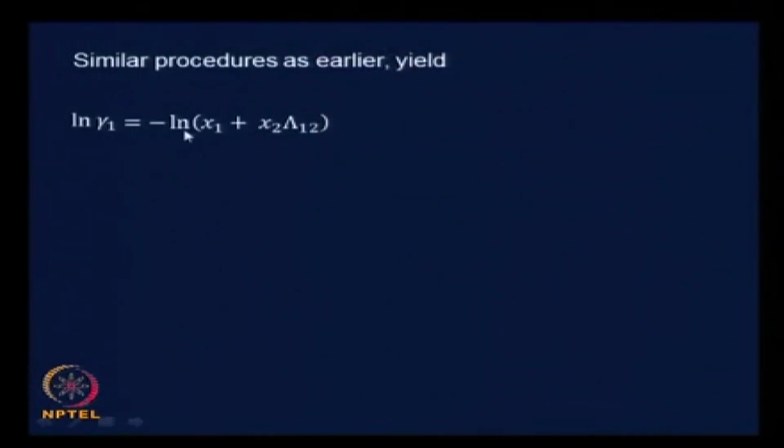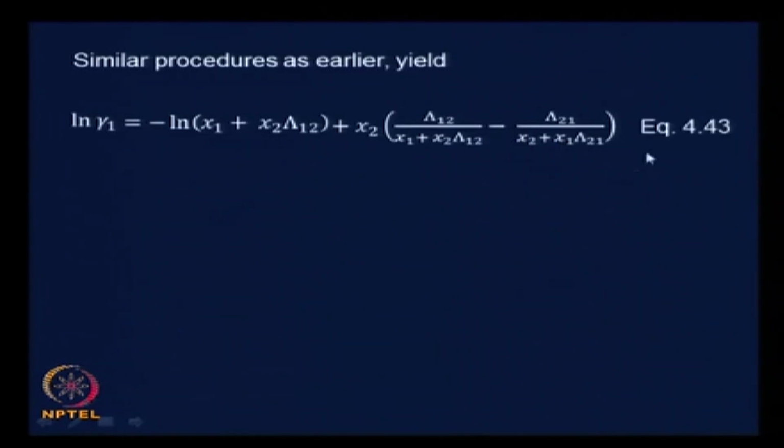So we do that, and ln gamma 1 will turn out to be minus ln of (x1 plus x2 times gamma 12) plus x2 times [gamma 12 divided by (x1 plus x2 times gamma 12) minus gamma 21 divided by (x2 plus x1 times gamma 21)]. This is equation 443, and ln gamma 2 is a similar expression.